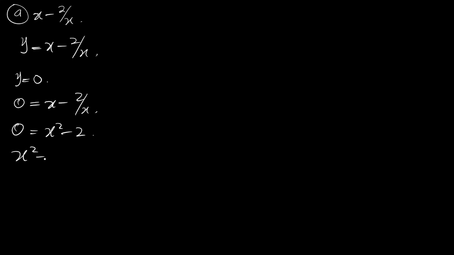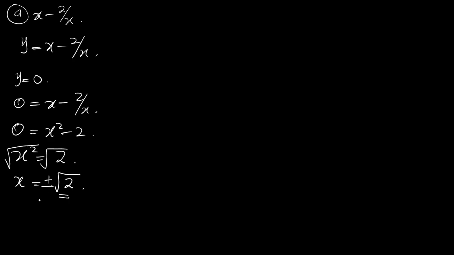So x squared is equal to 2. Taking the square root of both sides, you have x is equal to plus or minus the square root of 2. So the boundary condition where y equal to 0, x will be equal to plus or minus square root of 2.